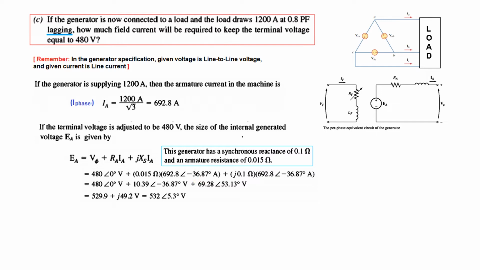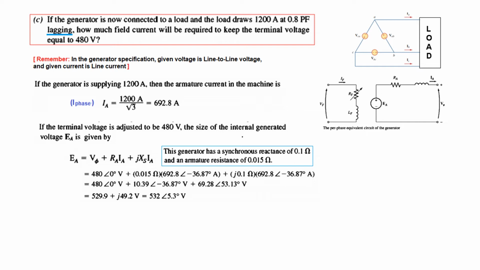I hope you know how to calculate the inverse cosine of the power factor. Similarly for this term we have 0.1 as XS, same current, and solving we find EA to be 532 volt. So to ensure that we have a voltage of 480 volt here, we have to generate 532 volt at this point.